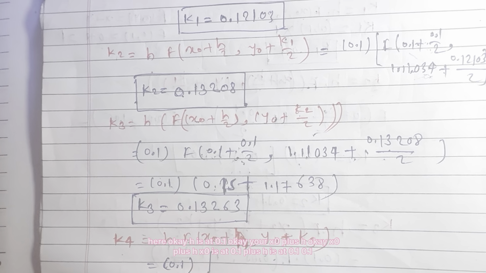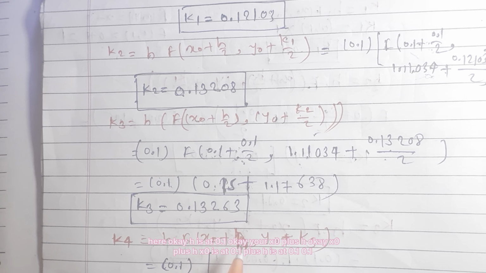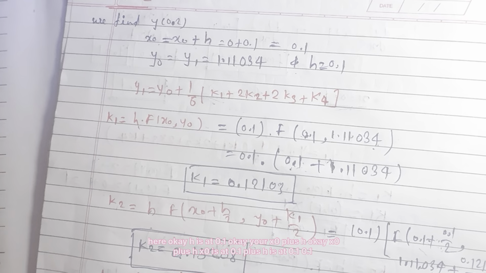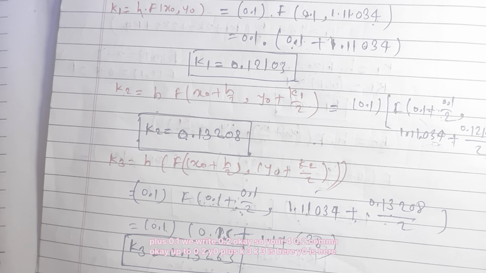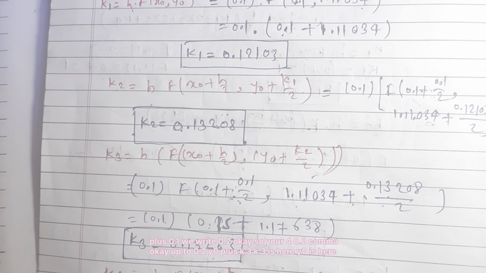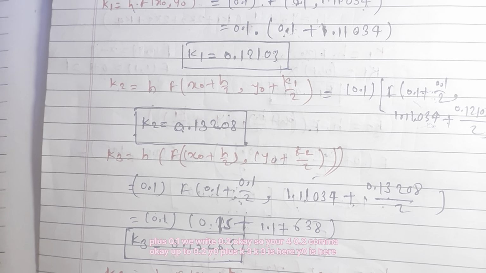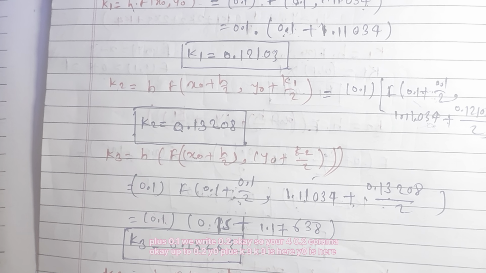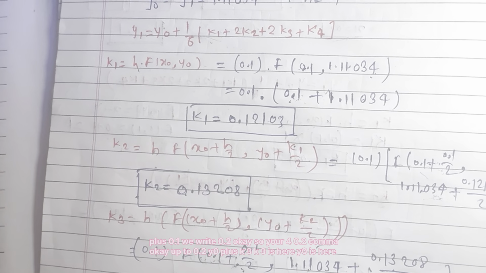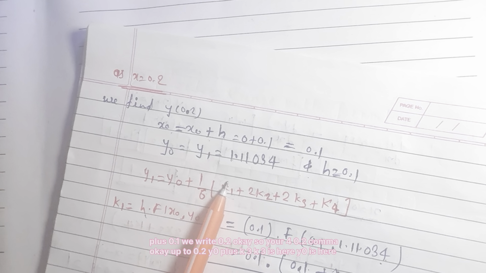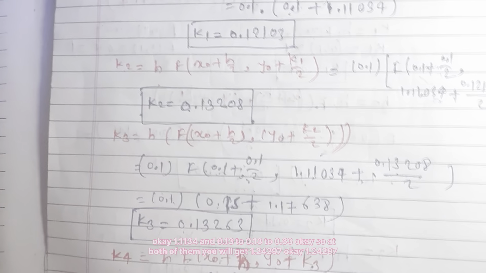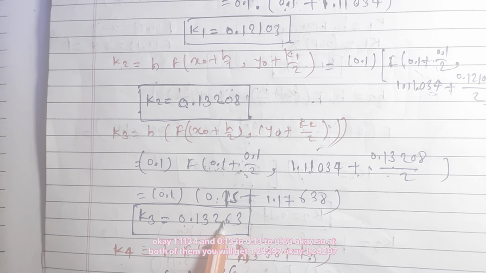f of x naught plus h: x naught is 0.1 plus h is 0.1, so we write 0.2. f of 0.2, y naught plus k3: y naught is 1.11034 and k3 is 0.13263.